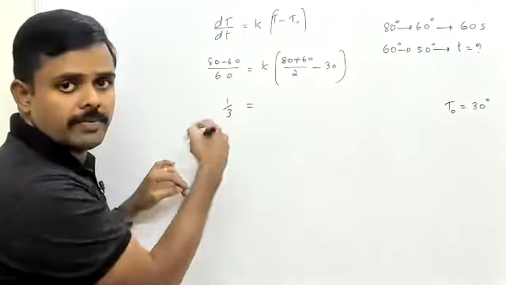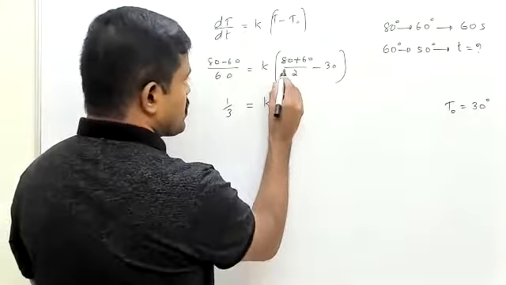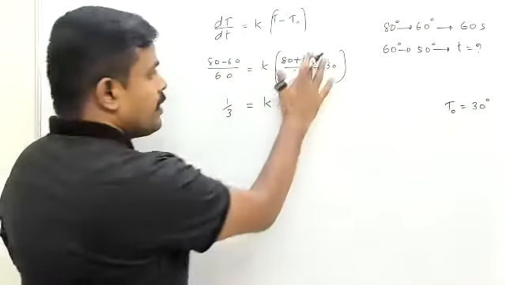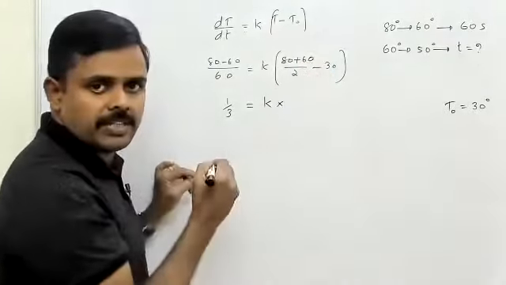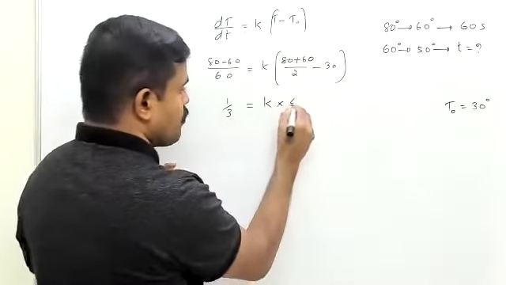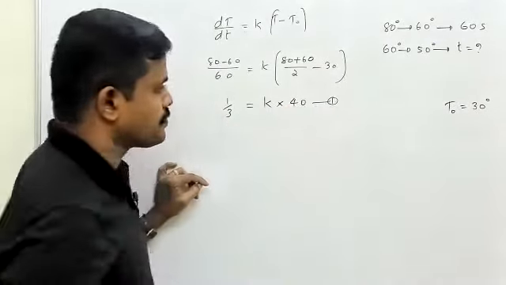K into, 80 plus 60 is 140, divided by 2 is 70, and 70 minus 30 is 40. So I get my first equation.